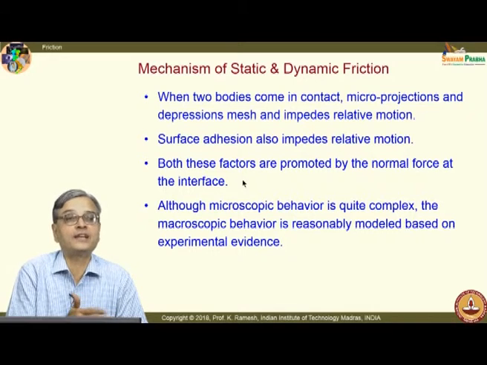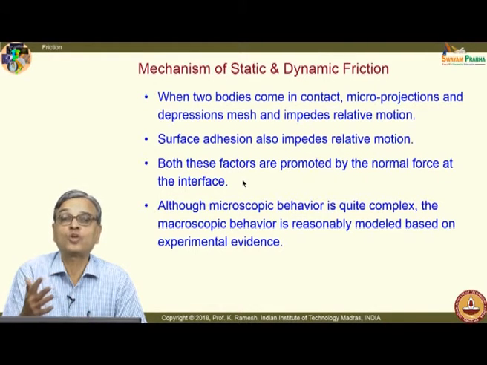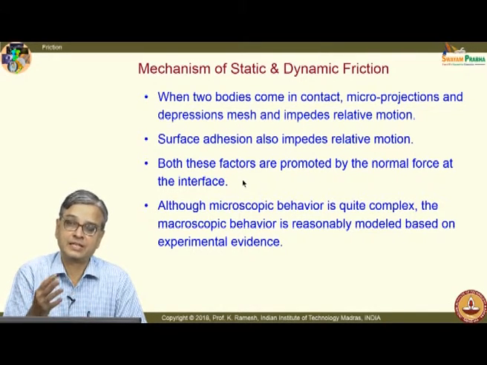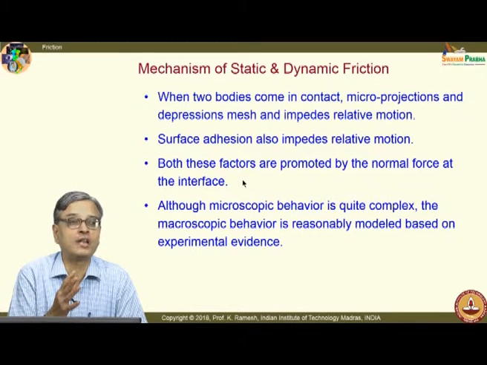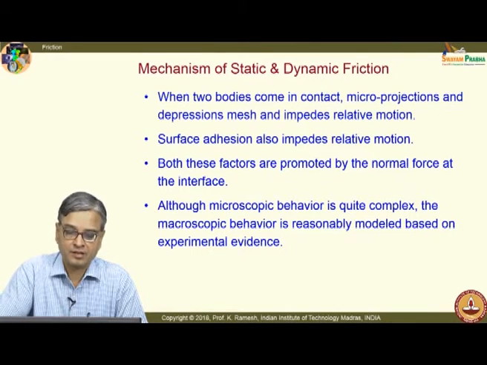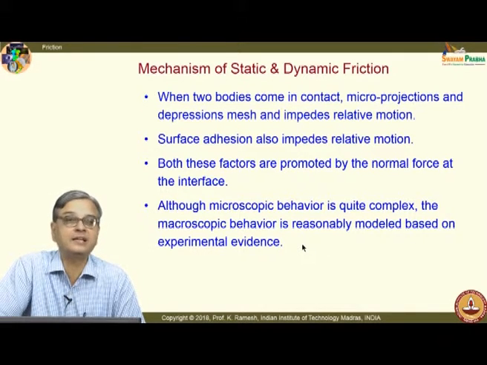If you extrapolate it and then visualize it without doing an experiment, you can come to wrong conclusions. The microscopic behavior is very, very complex and people have efficiently modeled it by careful experimentation. Fine. That is what is summarized here. Although microscopic behavior is quite complex, the macroscopic behavior is reasonably modeled based on experimental evidence.